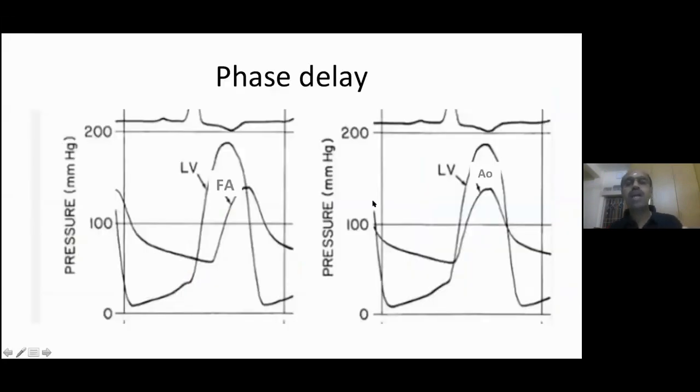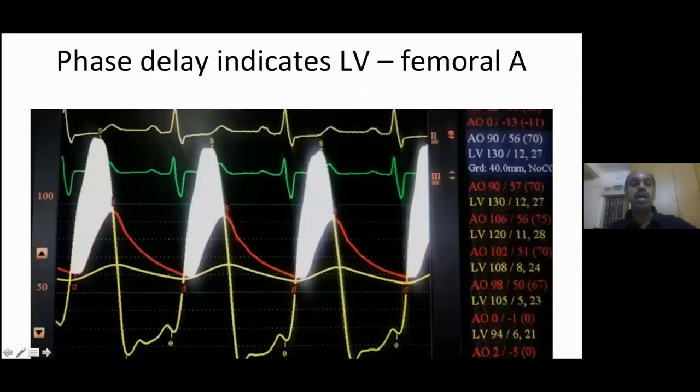Whenever we are recording the aortic stenosis hemodynamics, we need to find out whether the pigtail is in the LV and the second aortic catheter is in the femoral artery or in the ascending aorta. If it is in the femoral artery, there is a phase delay between the femoral artery and the left ventricle, and there is a peripheral systolic amplification of the femoral artery, and so the gradient will be slightly different.